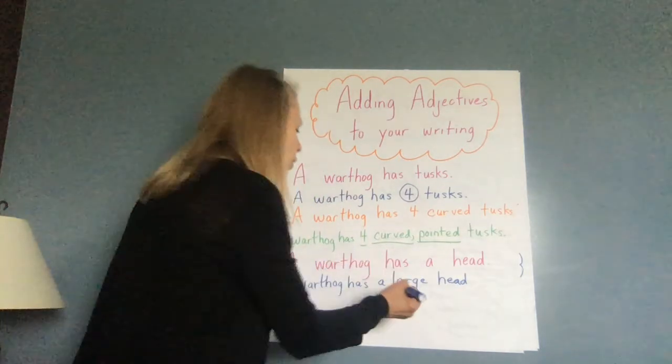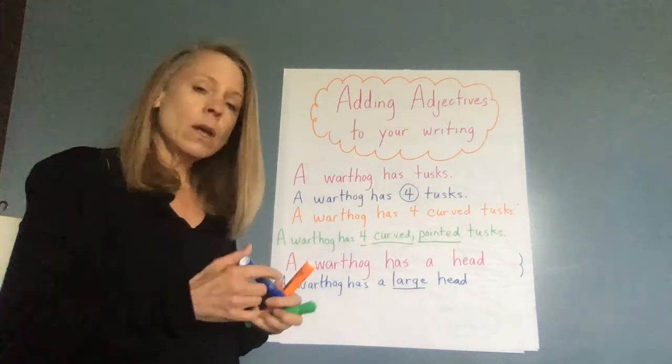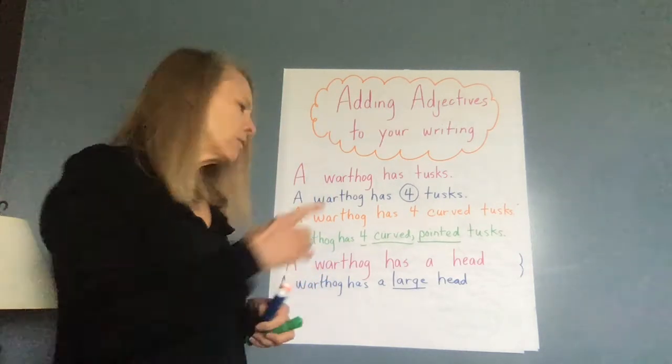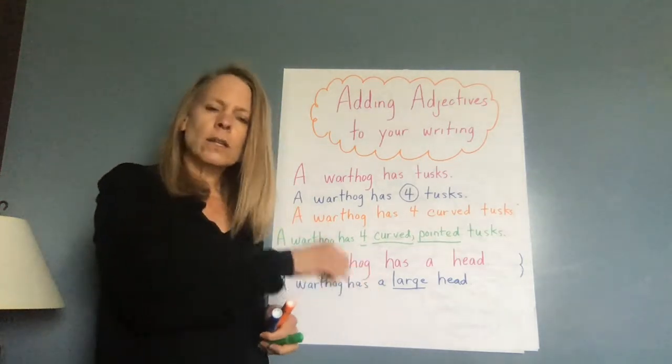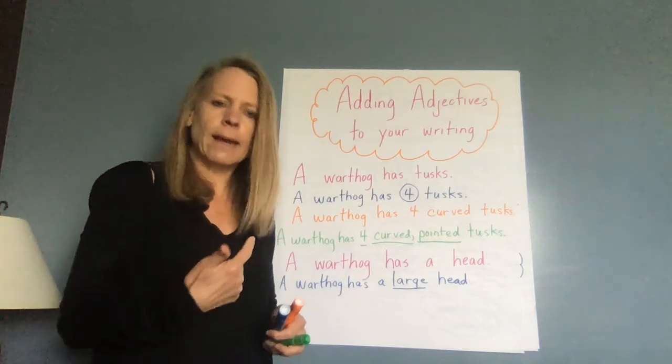So the word large tells me more about what kind of head they have. Another clue is that their head is shovel shaped. And so that's describing the head too.